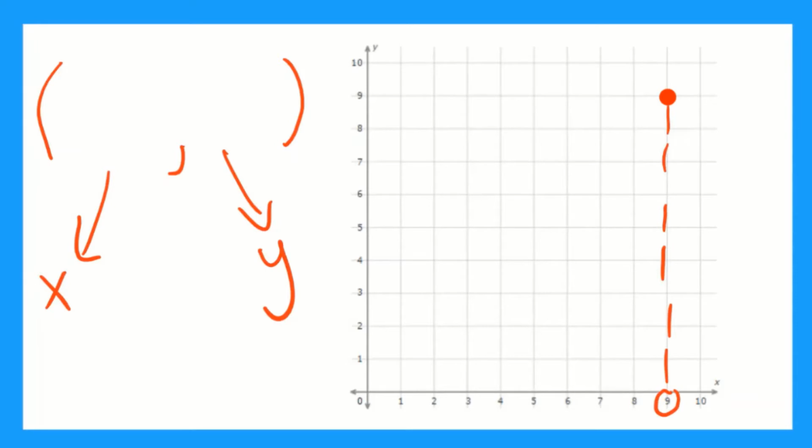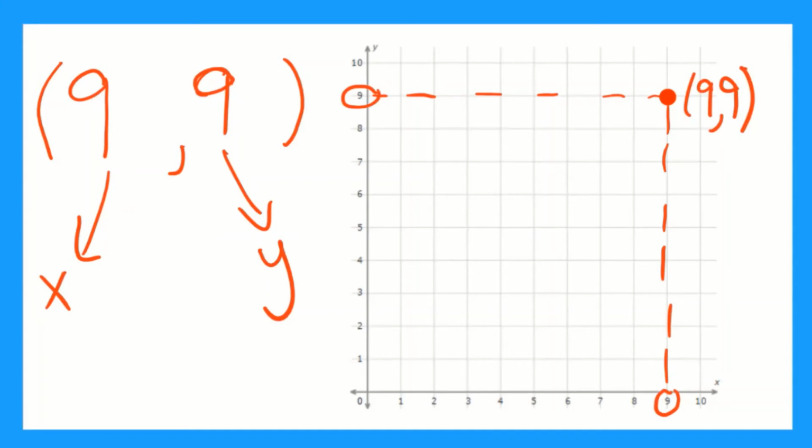It falls right in line with x-coordinate 9. And to find my y-coordinate, I have to trace over here to my y-axis, and it also falls on coordinate 9. So I can label my point with my ordered pair, 9, comma 9.